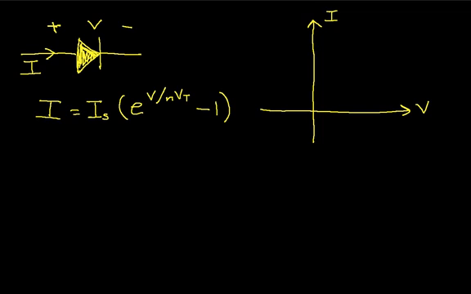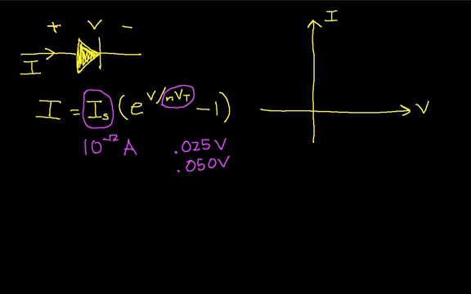And to give you a feeling for some typical values of these constants, I sub s is, for a silicon diode, typically about 10 to the minus 12 amps. And again, for a silicon diode, n Vt is typically somewhere between 0.25 volts to 0.05 volts.